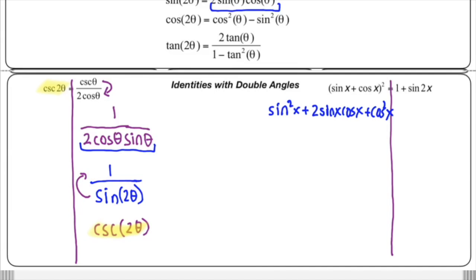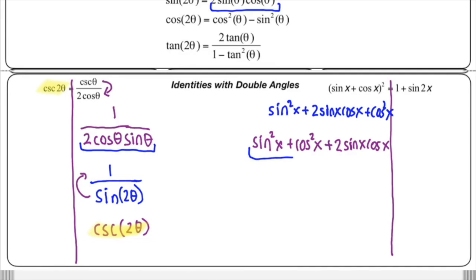So I notice that if I rearrange this to make it easier to see, I have a Pythagorean identity there, which I like, and I also have this guy over here, which is an identity.